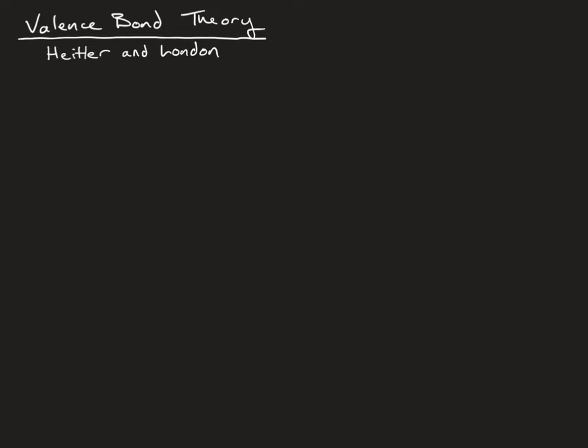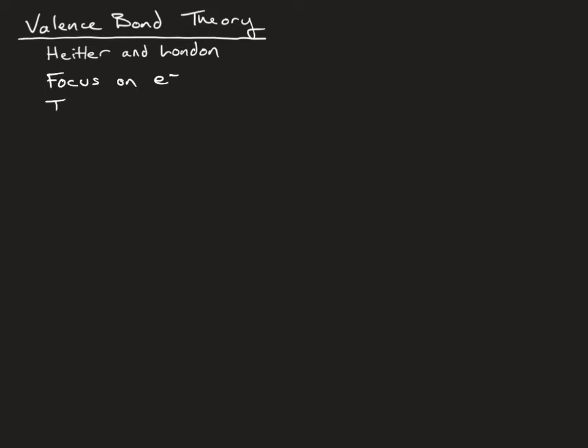In valence bond theory, what we do is we focus on the electrons, and specifically electrons belonging to individual atoms and how they interact to form bonds.